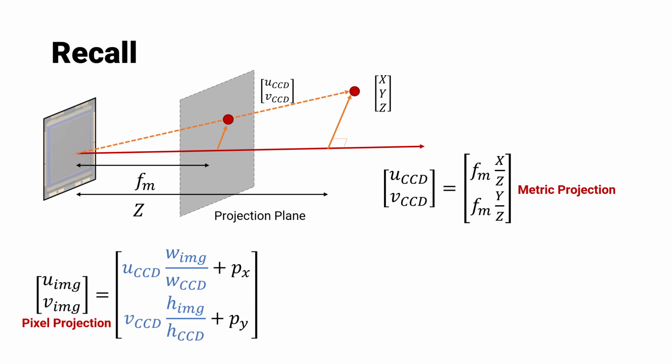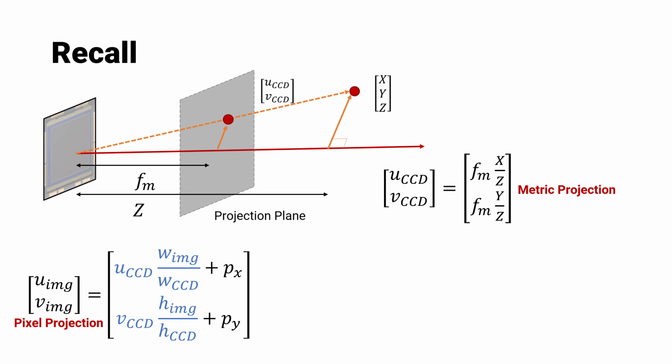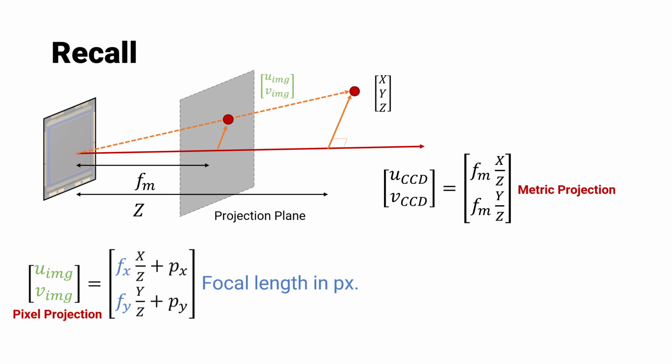So this is where we are. This, like I said before, is the pixel density, and I'm going to combine these values and call it focal length in pixels. Till now we have seen FM, which is focal length in millimeters.